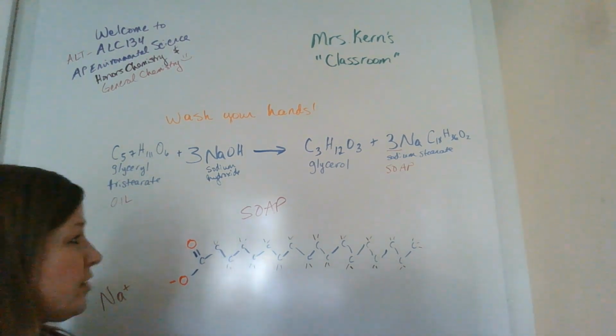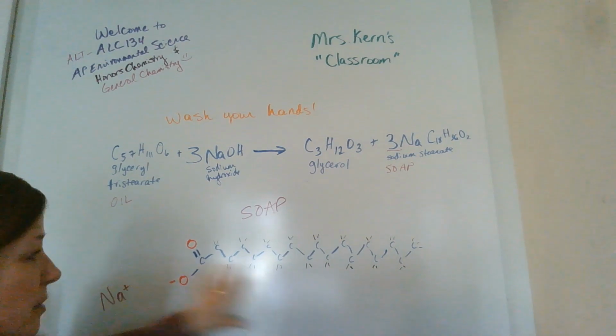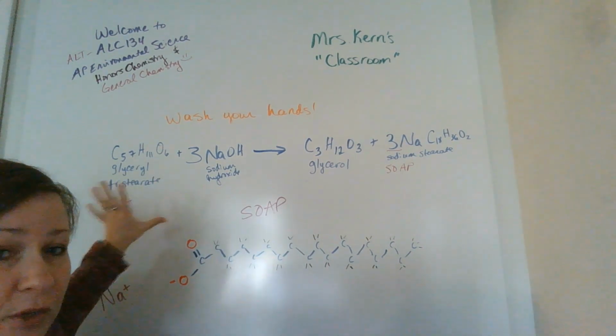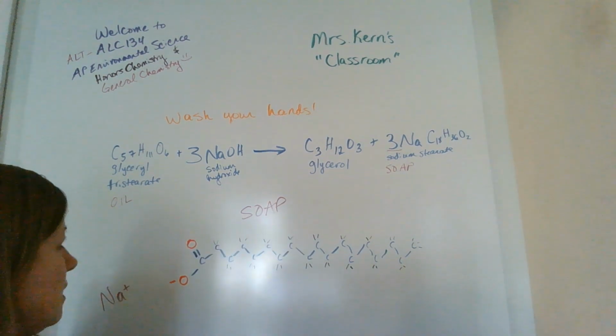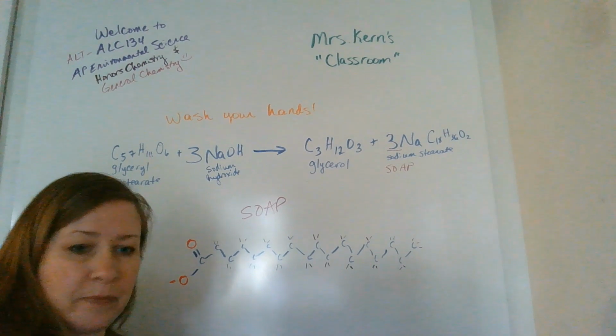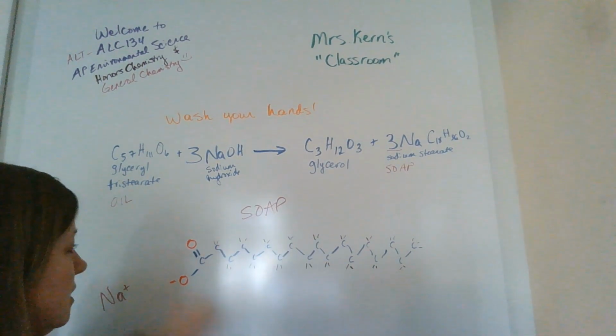So we'll be forming this ionic compound. The sodium stearate that we're going to be forming here, we're going to get 3 molecules of it for every 1 fat molecule or oil molecule that we react with it. So we're going to get quite a bit. I wanted to show you how this is going to behave and why soap is so important.